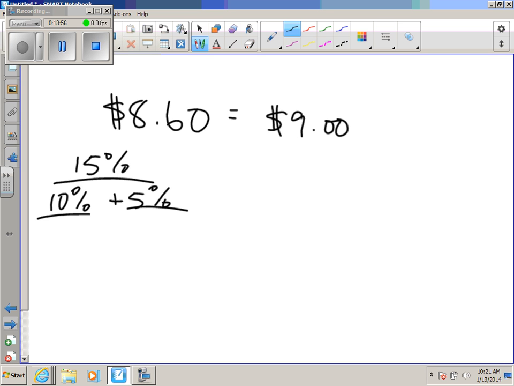Move the decimal one place. 90 cents, plus half of 90 cents, which is 45 cents. So 90 cents plus 45 cents is $1.35.